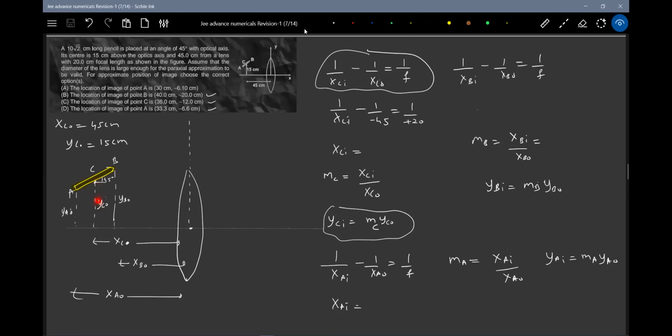We know this y C naught is given as 15 centimeters. This is 45 centimeters, and the angle of inclination is 45 degrees. With the help of this, you define the coordinates of the points B and A. Then use the lens equation to get the x coordinate of the image. Then get the magnification, and with the help of magnification you can calculate the y coordinate of the image.